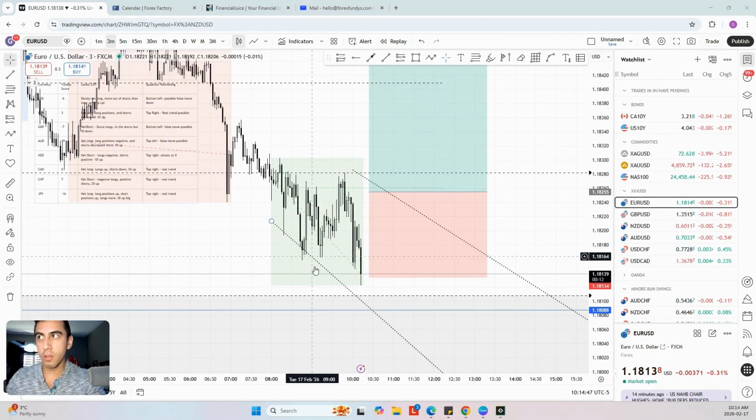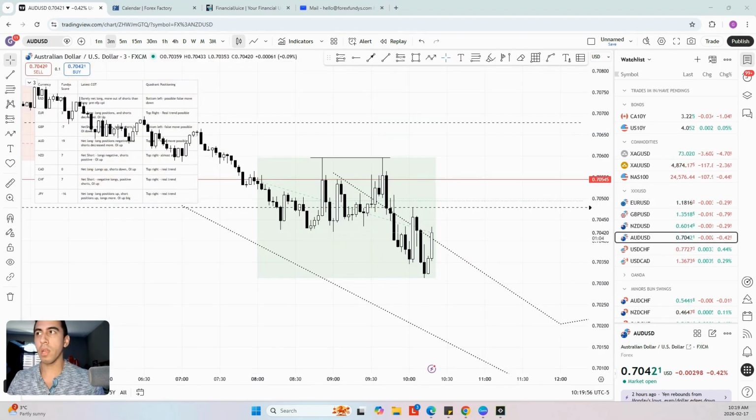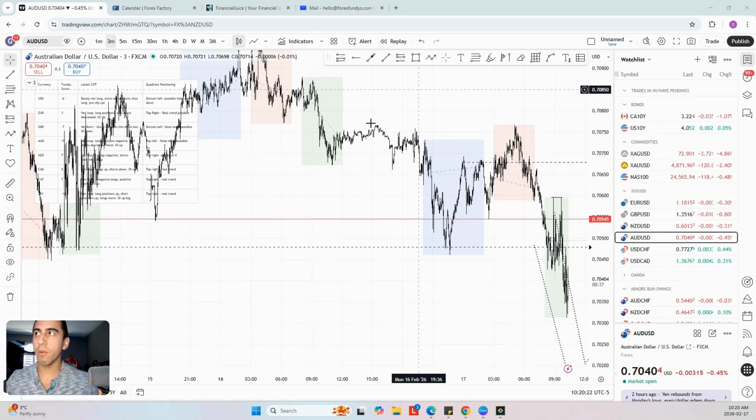Okay, and the euro here, this is why you wait. Imagine you just blandly took this without even waiting on a break of structure, dead. Okay, so Irwin might be getting a little bit of a reaction over here. Let's see how the fair value gap forms, how things close before jumping in. It looks like we have equal highs right here as well. Would be lovely if this is a target.